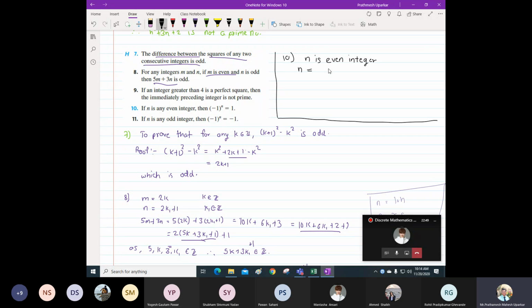If n is an even integer, n must be equal to what? 2, 4, 2k, where the value of k belongs to the set of integers. Okay. Now, if I have n equal to 2k, then what will happen to minus 1 raised to n?